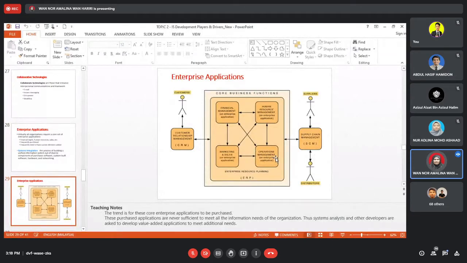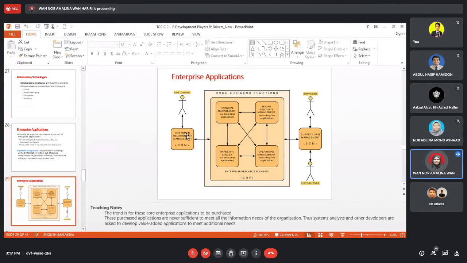This is also a review. You have done this, you have seen this in your ISP500 as well. Okay, we talk about ERP, whereby in ERP kita normally, there are modules that handles the financial management, human resource, operations management, and marketing and sales. This is internal to the organization.